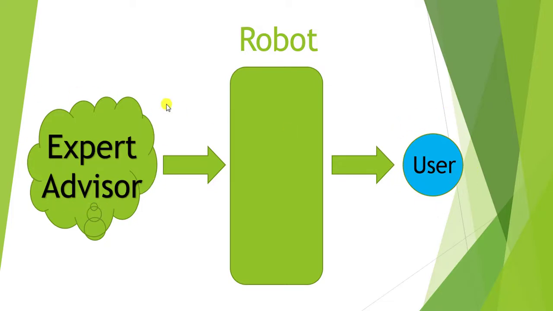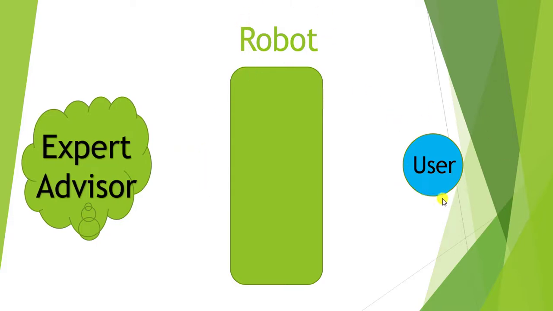First, for example, the expert advisor decides to send data to the robot, and then we send it through the Telegram server to the robot, and the robot shows it to the user. But now in this video we learn how to, for example, send a command from the user.